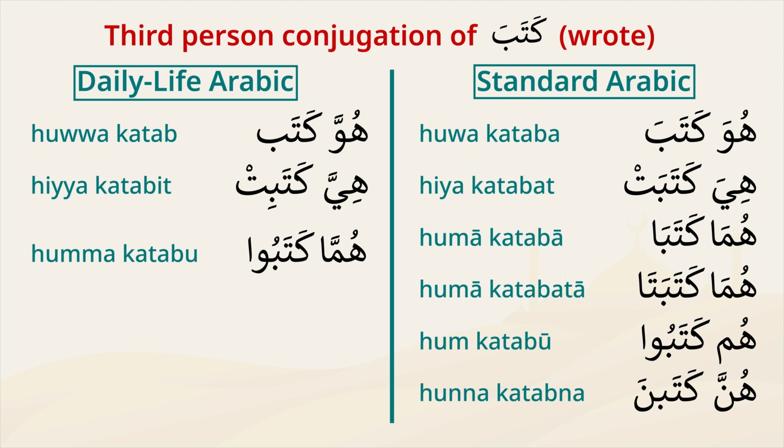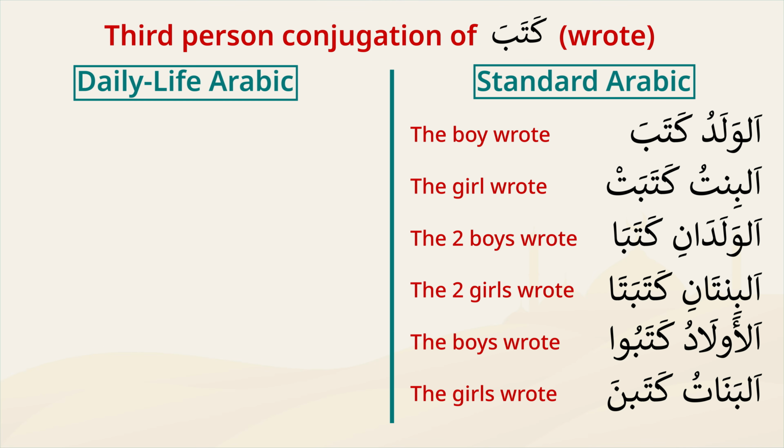Even if we replaced the pronouns and use nouns, the same reduction takes place. Let's try it. I will use the same verb, but this time with nouns, not pronouns. So in standard Arabic, the conjugation will be like this.